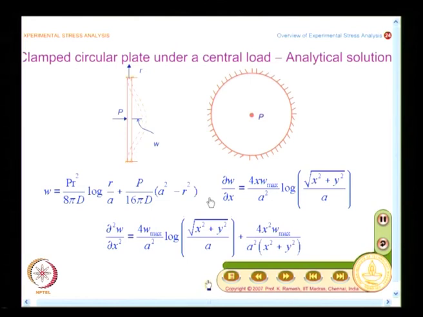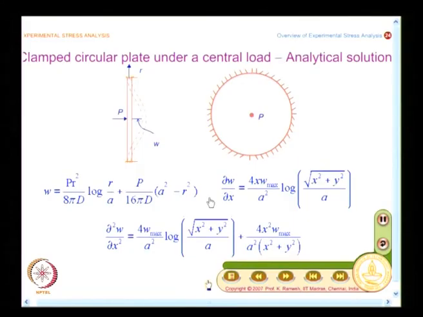You would be able to find out from a study of theory of plates how these expressions are obtained. When I want to find out whether my speckle interferometry is working all right, I would not take a circular disc under diametrical compression, but rather a clamped circular plate with a central load to test even my experimental setup. By doing that, I would be able to get that information.